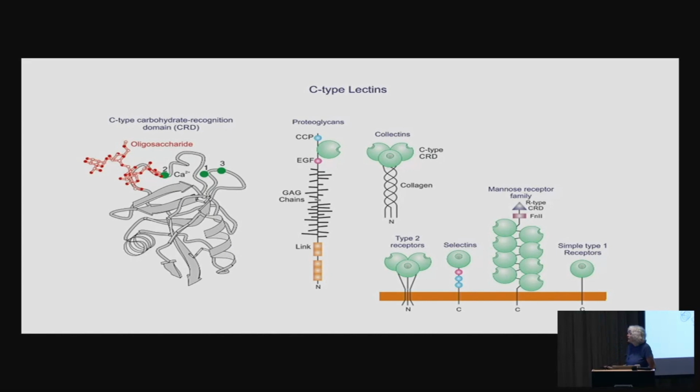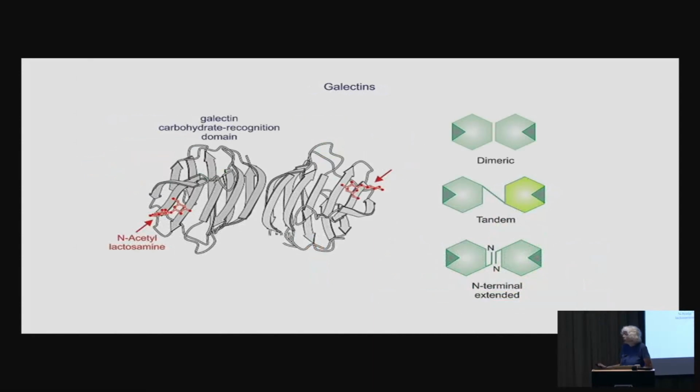The C-type lectins have a variety of different sugar specificities, either for galactose or mannose or more complex motifs. Now the galectins, many of you will have heard a lot about. The C-type lectins are all extracellular proteins.